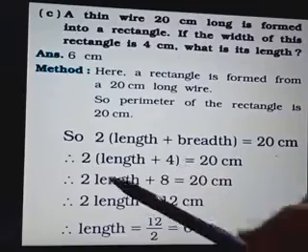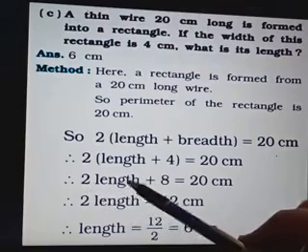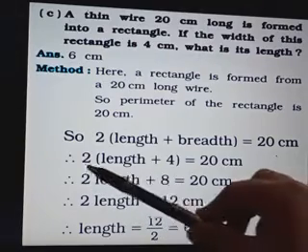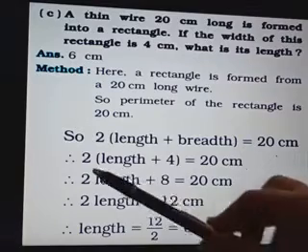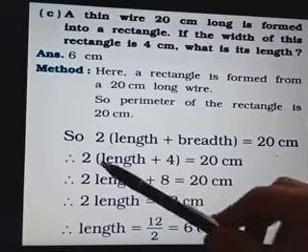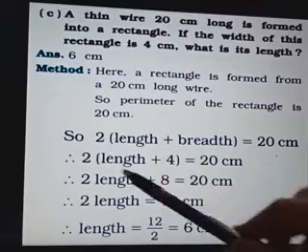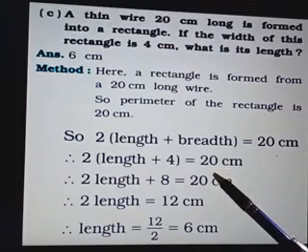So now what will happen: 2 multiplied by length and 2 multiplied by 4 will be 8. Clear? Here is how 8 will come: when we open this bracket, 2 will multiply with 4, so 2 4s are 8, and 20 centimeters remains as it is.